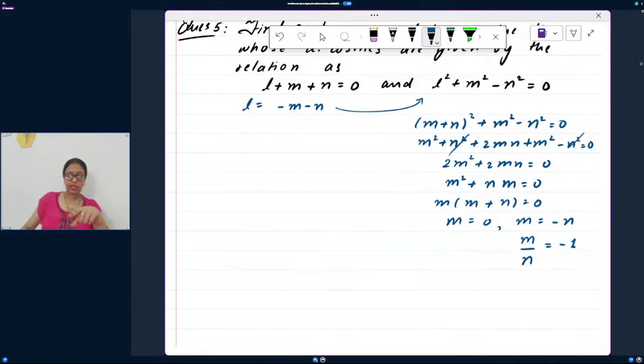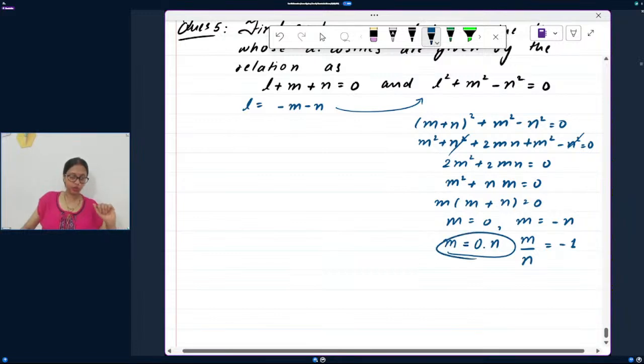Actually, I will take n equal to 1. See, I can write it as 0 times n. This part I can do for any two real numbers as well.